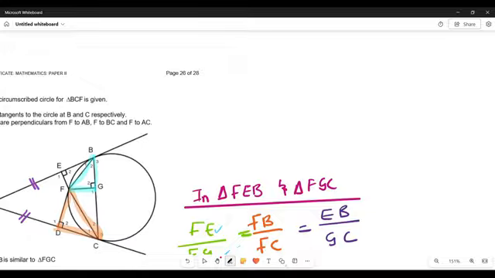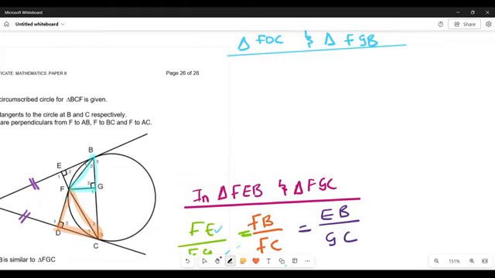I'm first going to write the two triangles that I'm dealing with. So it's triangle FDC and triangle FGB. Now I need to prove this using the angles that I have. Can you see two angles in each triangle that are named?